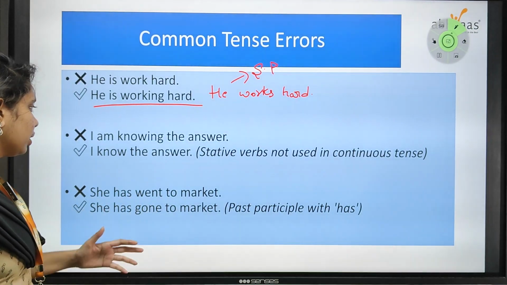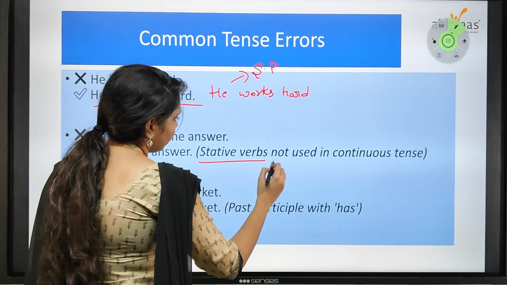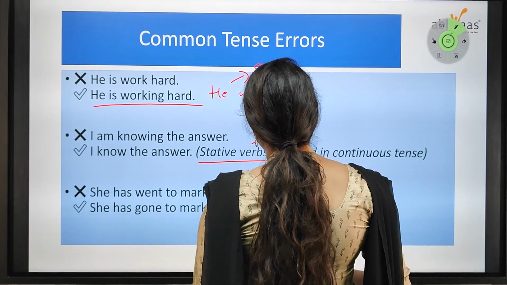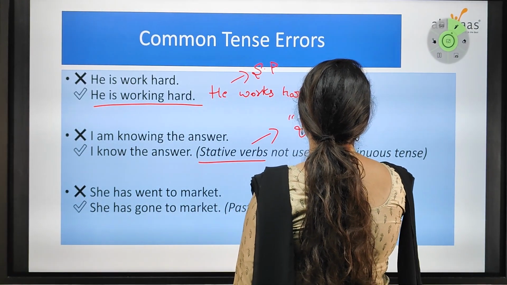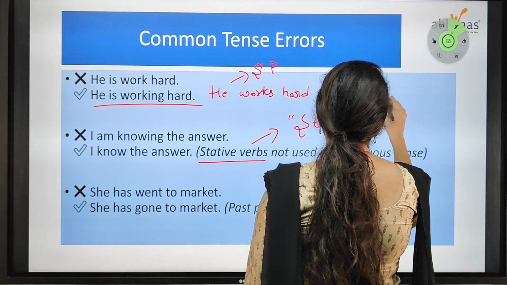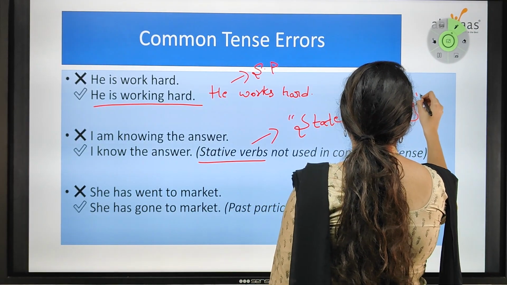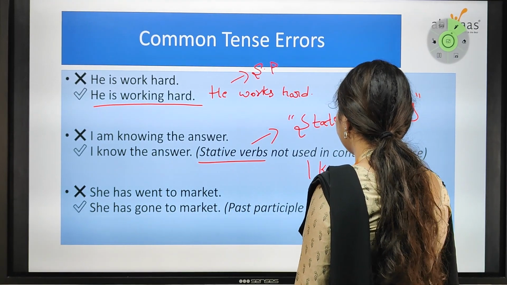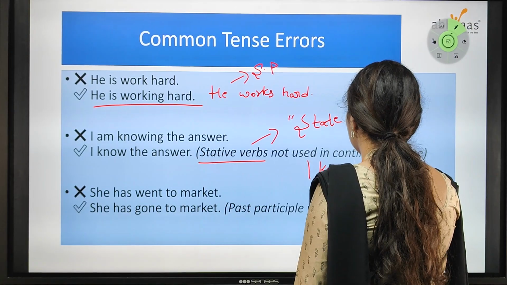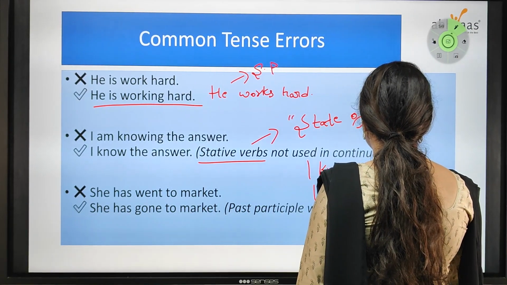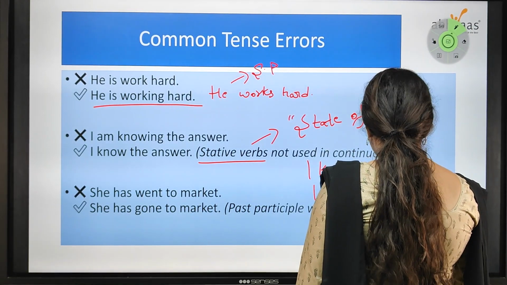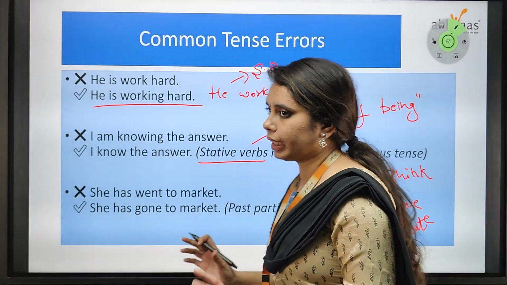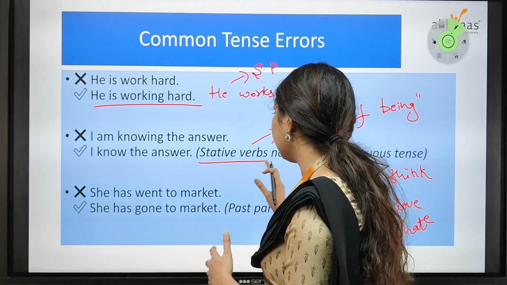I am knowing the answer, I know the answer. See, stative verbs, they are not used in continuous tense. So what are the stative verbs? They talk about the state of being. State of being means, for example, I know, I believe, or I think, or I love, I hate, or anything that expresses your state of being, that is your stative verb.